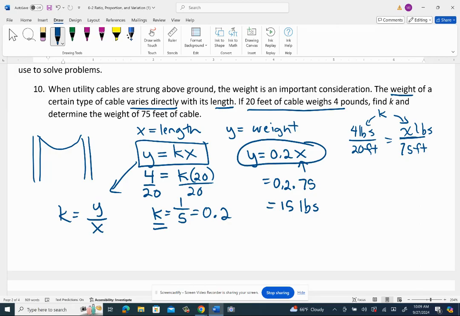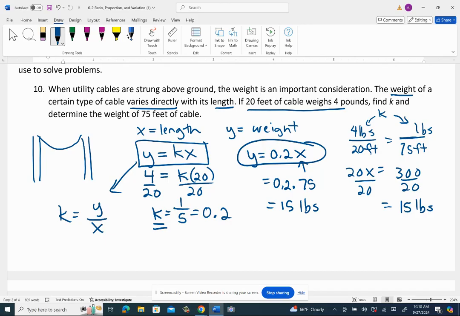Okay, so I could just set up that proportion, and then I could cross multiply and take my 75 times 4, like so, and then come back in and divide by 20, and I would also come up with 15. And that would be pounds.